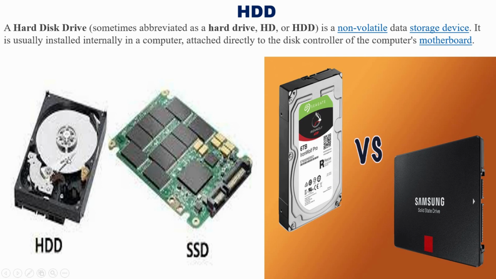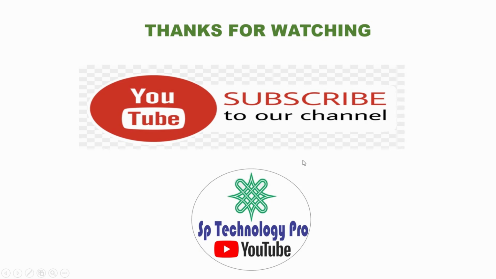HDD uses magnetic materials to store data, while SSD uses electronic chips to store data. So HDD has a moving part, while SSD does not have a moving part. So data in SSD is accessed faster than in HDD. So I recommend you use SSD in order to increase the speed of your computer.